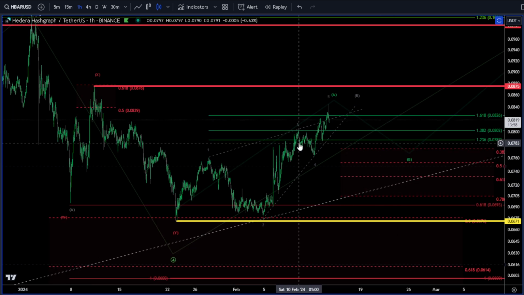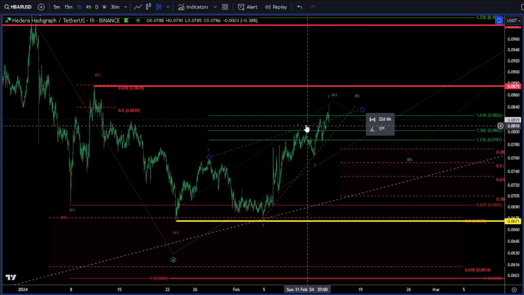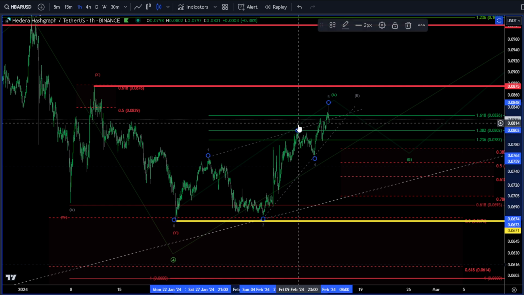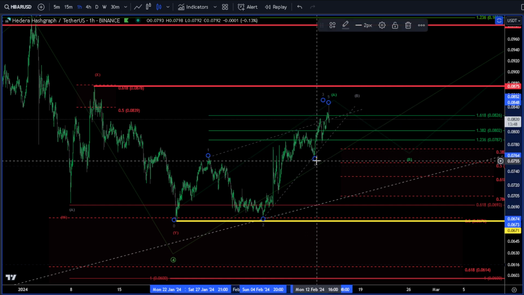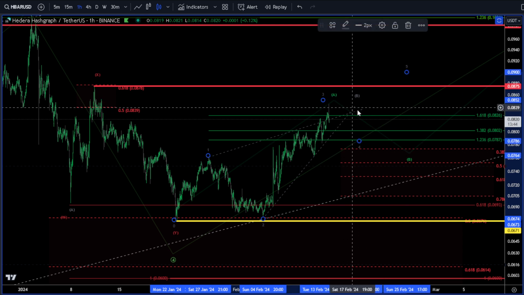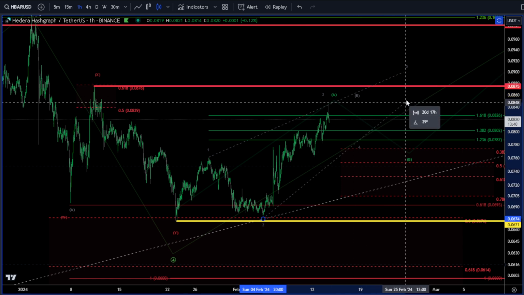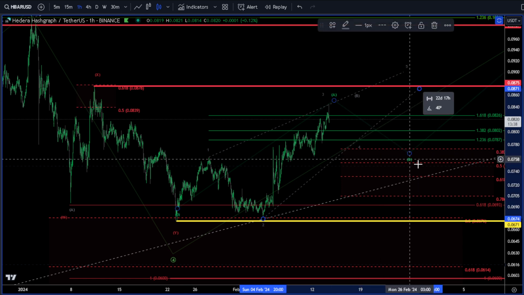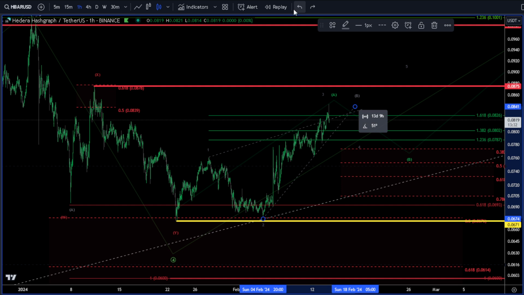The only alternative I would see if we started to move to the upside and we are bullish is this is more complex. We actually get like a triple zigzag, and this is our third, fourth, working on a fifth wave. That would be my alternative if we don't get those deeper retracements right away. So unclear at the moment, but it does look like we do have a completed pattern potentially in.